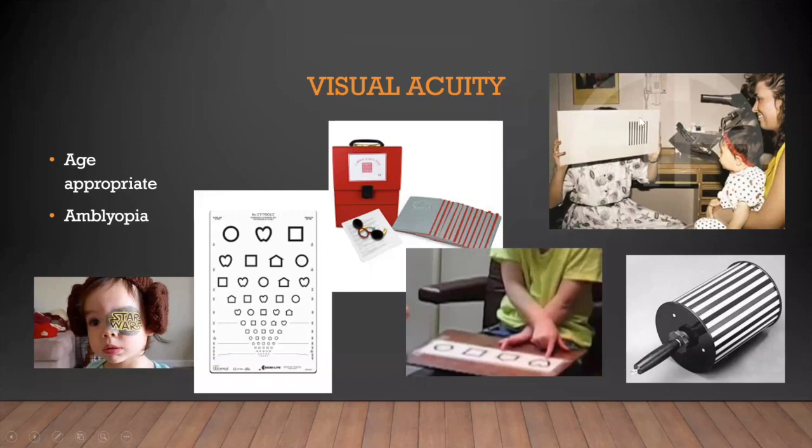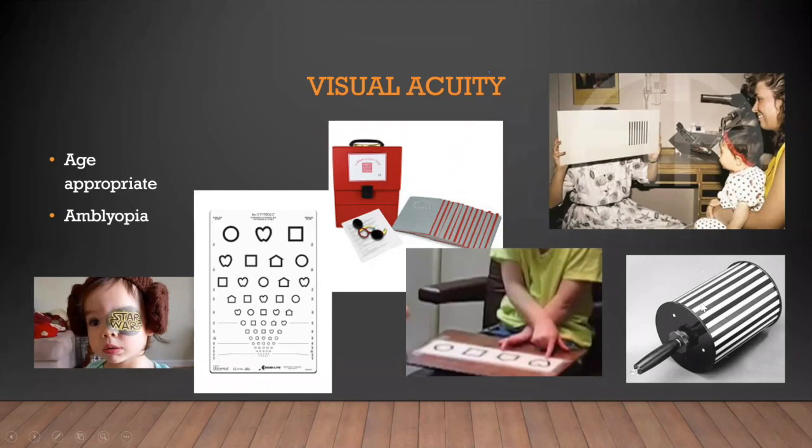This is something called the Teller's Acuity cards or the TAC cards, where the child prefers to look at a side which has this kind of a grating pattern and not look in the direction which doesn't have a pattern. This is something which is extremely basic, which you may not find in all OPDs.